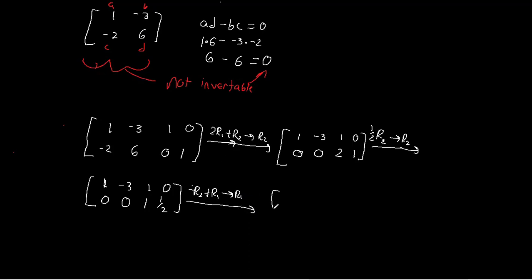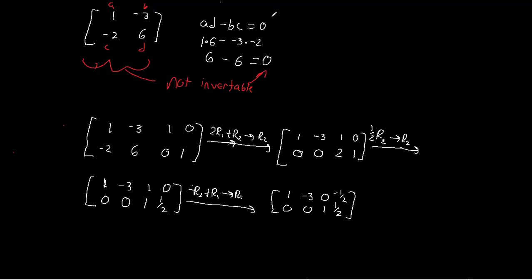So if we do that, we're not changing the bottom this time, so that's still going to be 0, 0, 1, 1/2. -0 is still 0, so this is going to be 1. -0 is still 0, so that's going to be -3. Negative times 1 is -1, plus 1 is 0. This is what we wanted to happen. And then -1/2 plus 0, this is going to be -1/2. So this now meets our qualifications for reduced row echelon form.